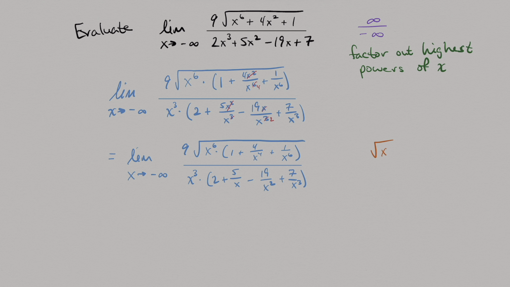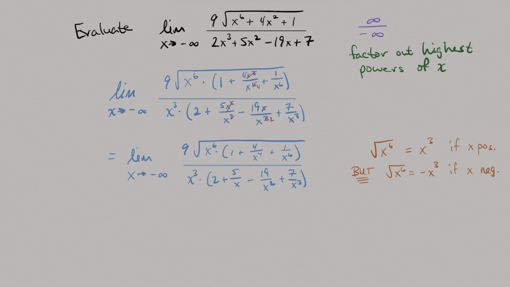The square root of x to the 6th is equal to x cubed if x is positive, but the square root of x to the 6th is actually equal to negative x cubed if x is negative.